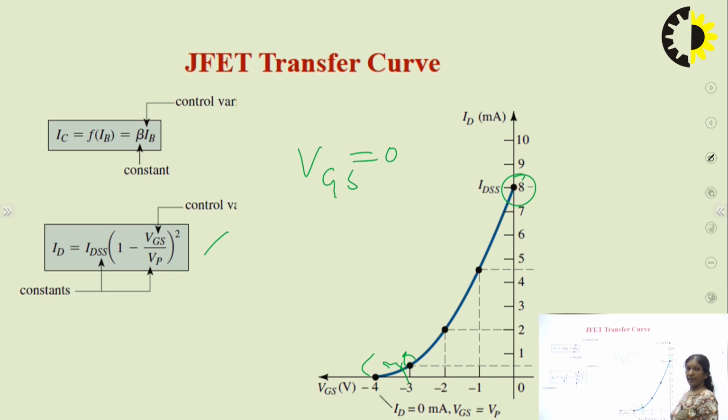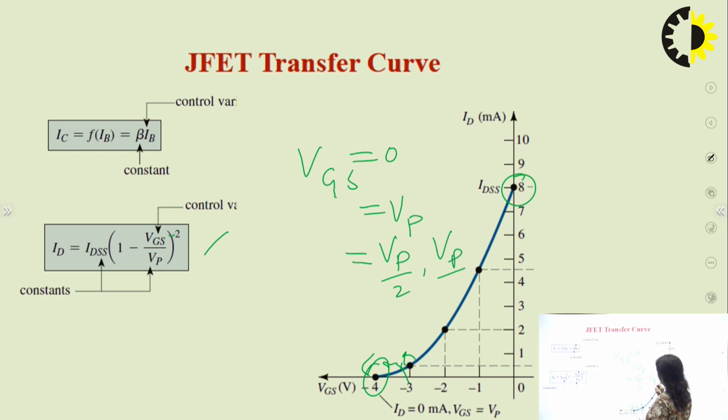If we keep VGS equal to VP in this equation, then ID equals 0. Also, we can keep VGS equal to VP by 2, VP by 4, VP by 8, and by putting these values in this equation, we can get the subsequent points between 0 and VP voltage. So this is how we get this transfer curve.